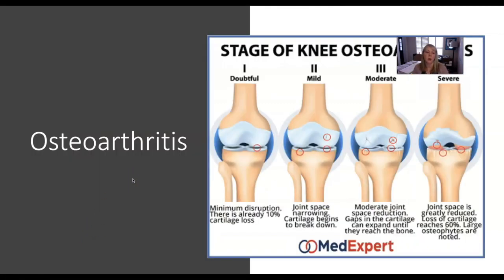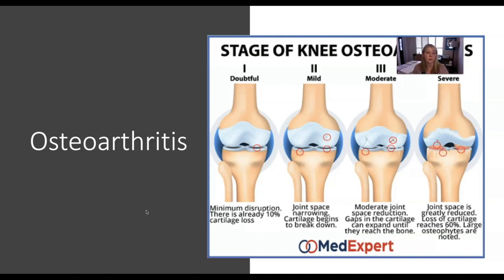Now I'm going to start out with osteoarthritis, just an example of what that is. If you see cartilage here, this is still pretty healthy cartilage, because remember, it works like padding between the joints. As we move on to the different stages, that padding or cartilage is completely worn. So you can imagine how painful that can be for someone.